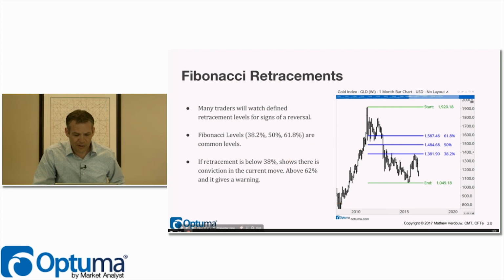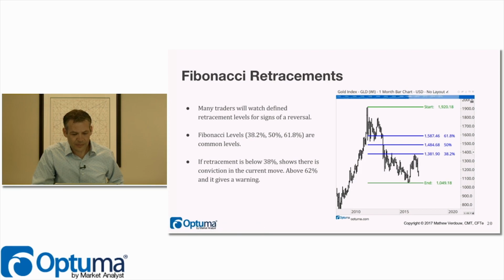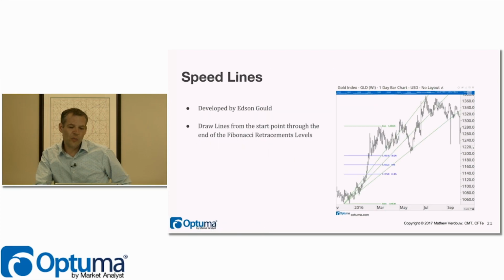All right, so now let's jump into, let's find my cursor again. Okay, so we have speed lines. These were developed by Edson Gould. Basically, when you look at the Fibonacci tool there, we still take the starting point where we started our Fibonacci calculation from, but then we also draw a trend line through the ends.